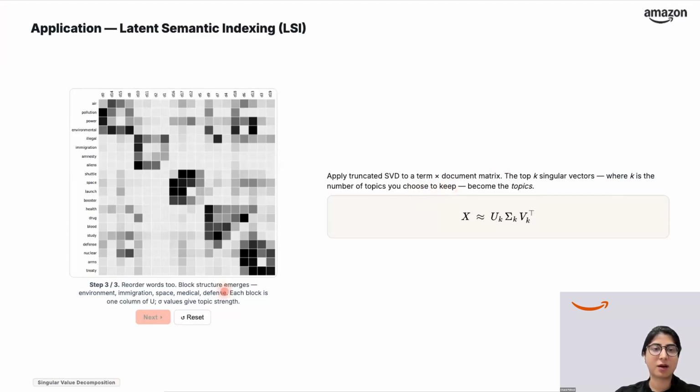I mean, the k becomes the topic, and suppose this k is 5, and if we do the truncated SVD on this, we get clusters. So this air pollution environment is in one cluster with this document. So we got some 5 clusters in this terms and document matrix.